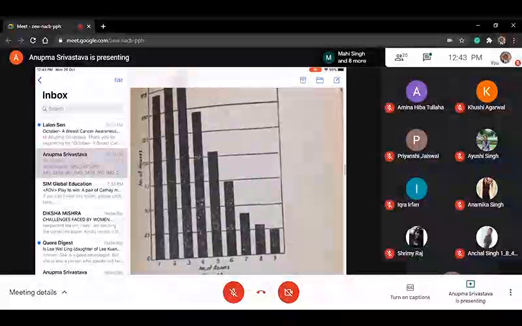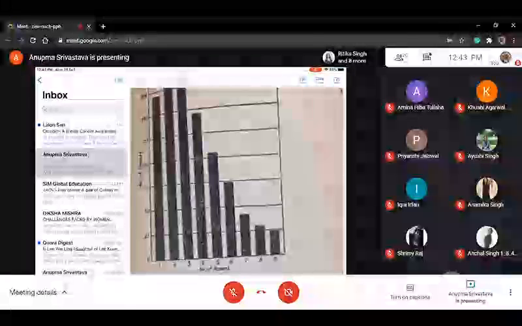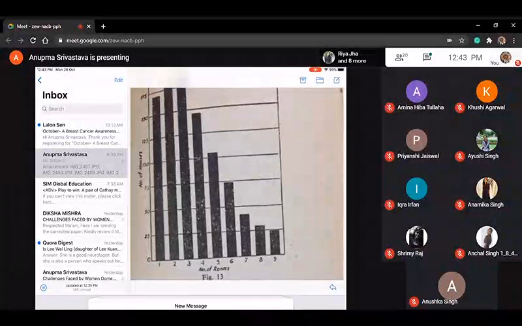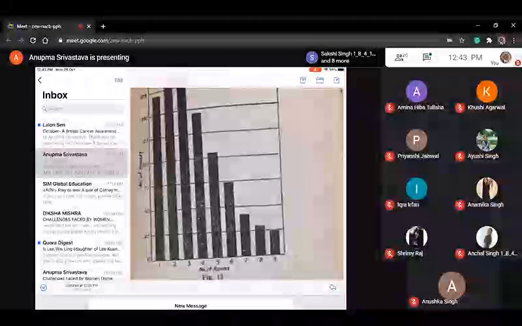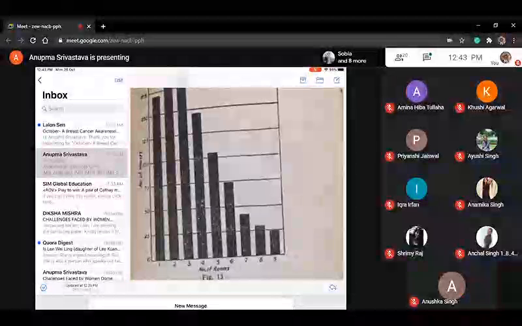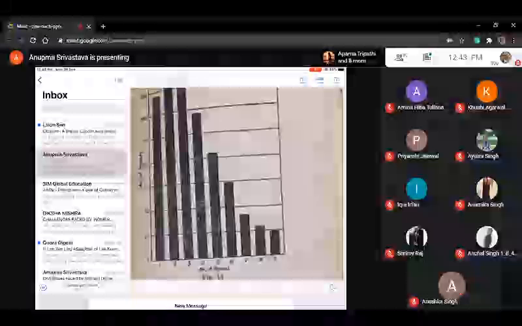And when you are making the bar, you can take, let's say, 0.5 before it and 0.5 after it, or whatever graph you have, whether an inches graph or a centimeter graph, you can find out the gap, and that gap has to be common for all the bars. That is also one thing which you have to keep in mind. So if you have taken 1, take 0.5 before and 0.5 after, and that will make your bar till 170.